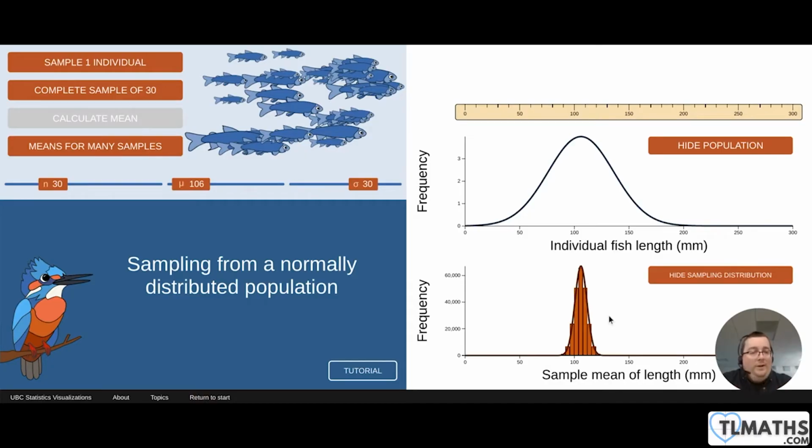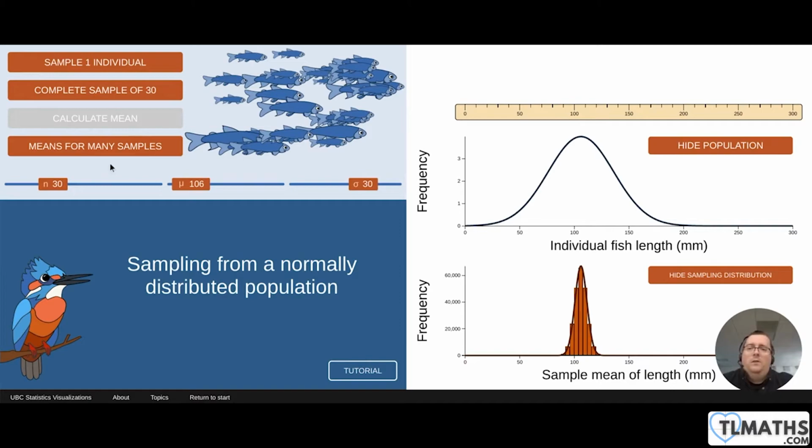So the question is, can we predict how thin the sample means distribution will be based on the standard, or not the standard deviation, based on the sample size rather?